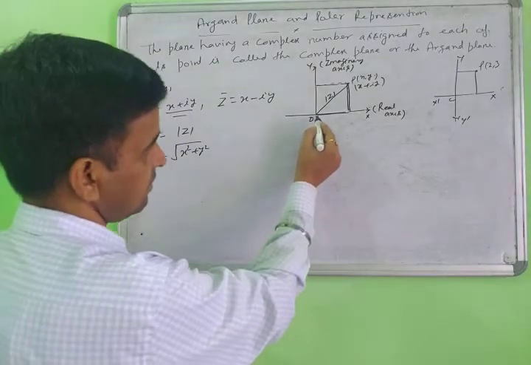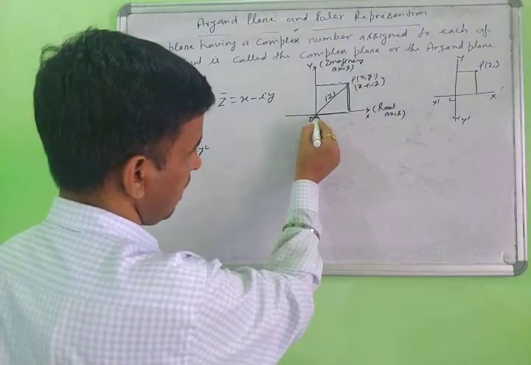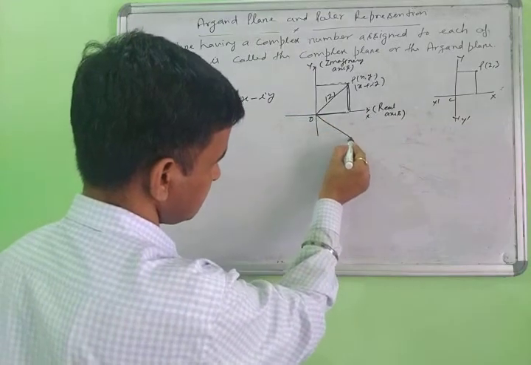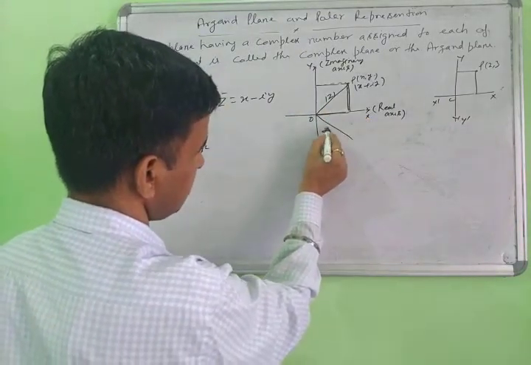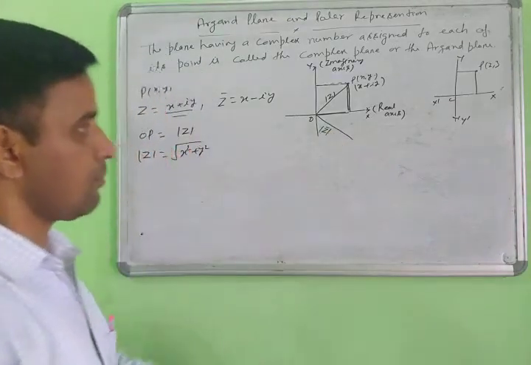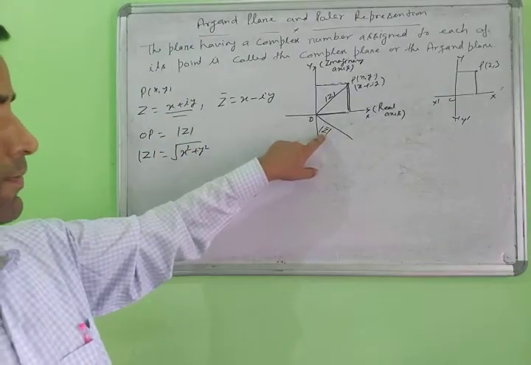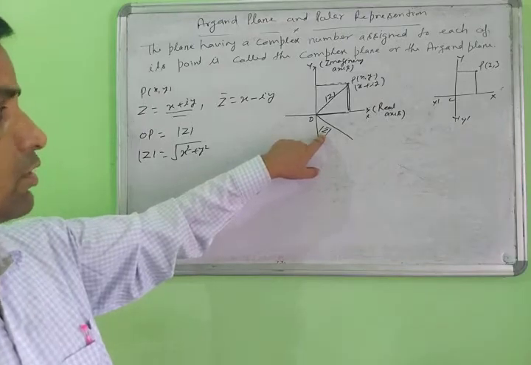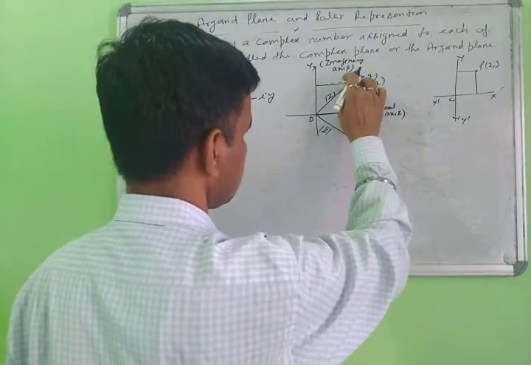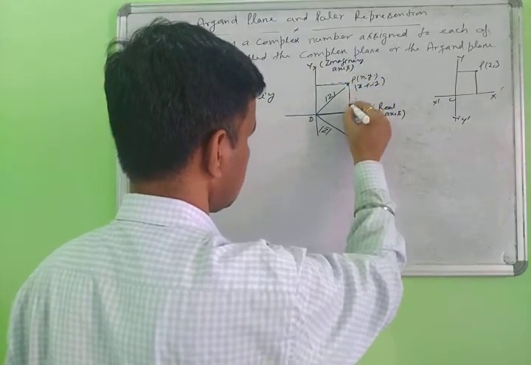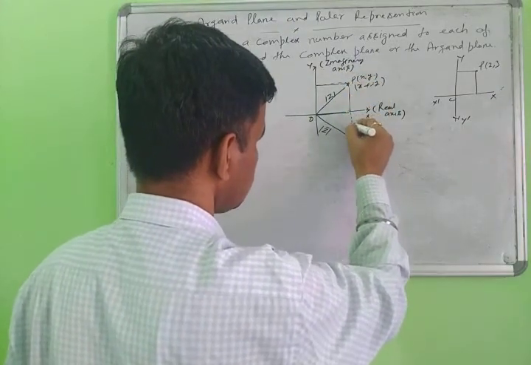You can represent it with the help of the opposite side of the x-axis. Same thing, opposite of this. This is mod z, and this is the mod of the conjugate of the complex number. So you can easily represent this.